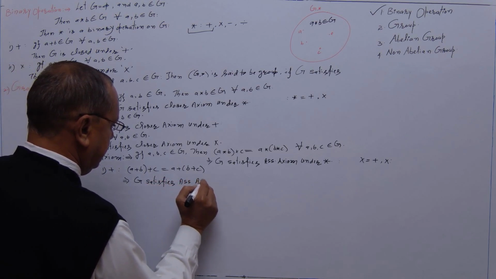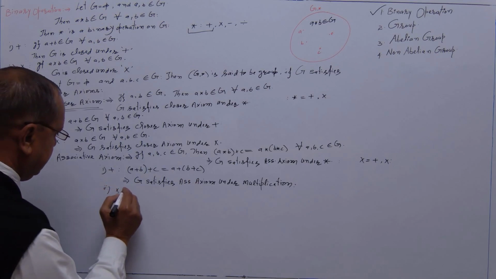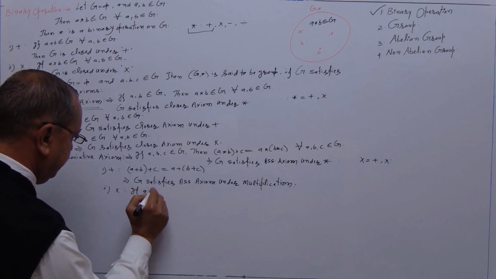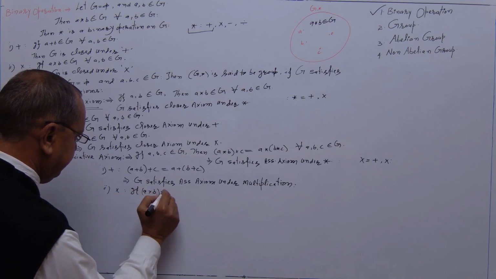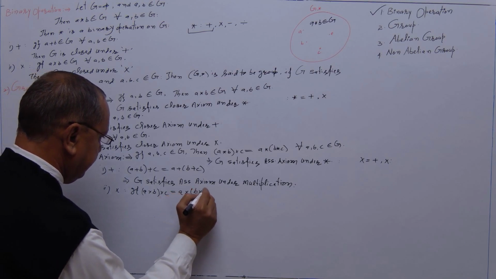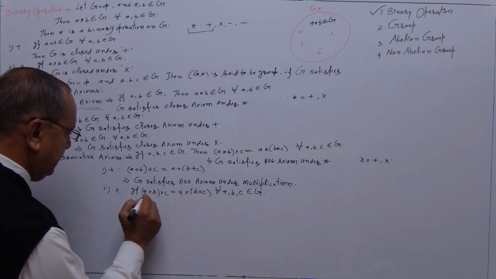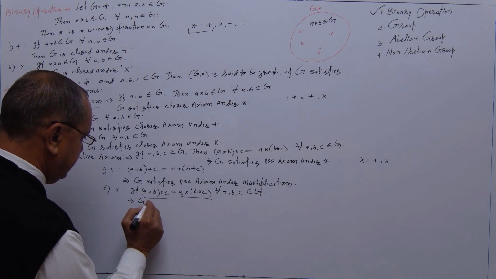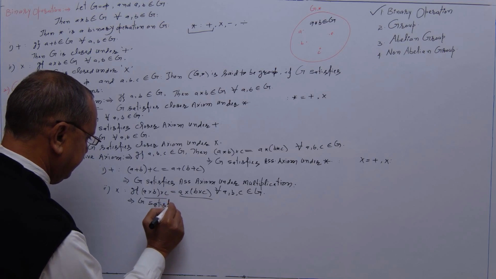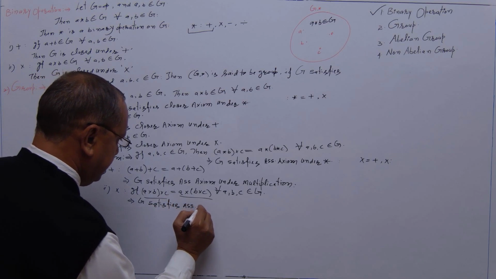Second is under multiplication. If (a star b) star c is equal to a star (b star c), then these both are equal, so G satisfies associative axiom.